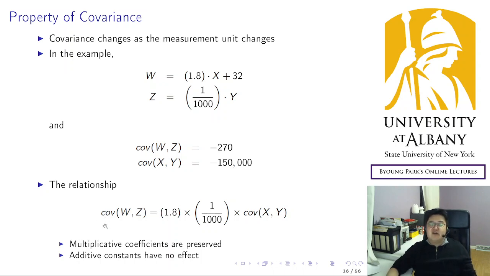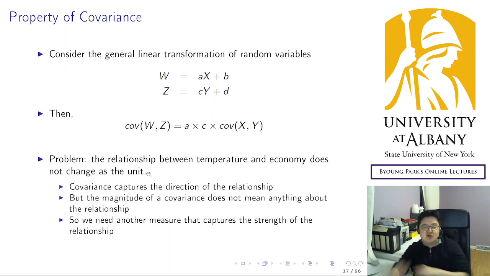It's very similar to the rule we learned in chapter 4. Variance had a very similar rule, a formula like this. In general, this is a general rule. Suppose that you have original random variables x and y, and then you make new random variables from the original x and y by linear transformations with a, b, c, d: multiply by a and c, and then add b and d.